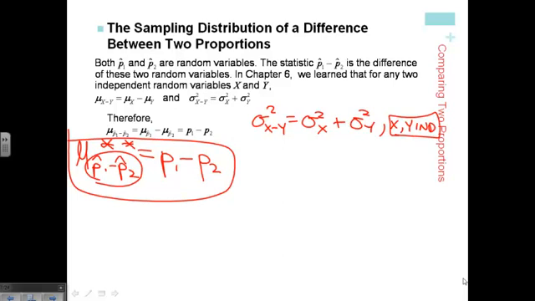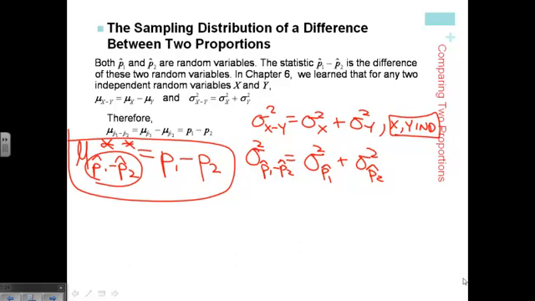That's only true if X and Y are independent. Well, let's say I wanted to find the variance of p hat 1 minus p hat 2. Wouldn't that be the variance of p hat 1 plus the variance of p hat 2? That would follow from that, as long as the two populations don't affect each other, as long as they're independent.